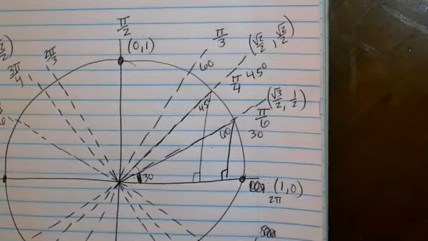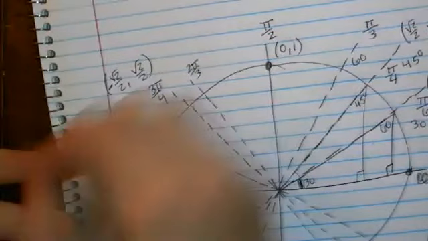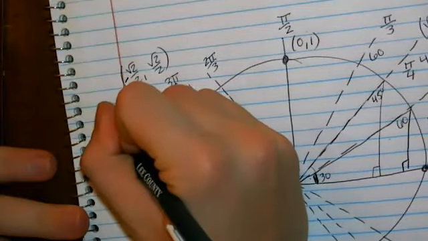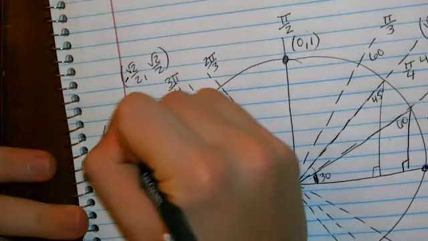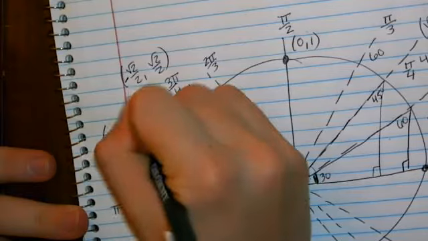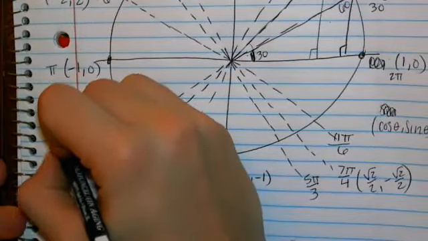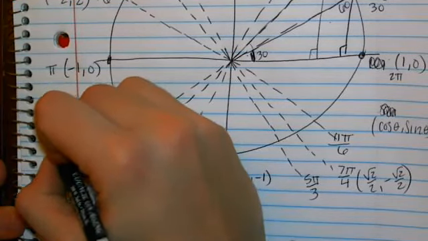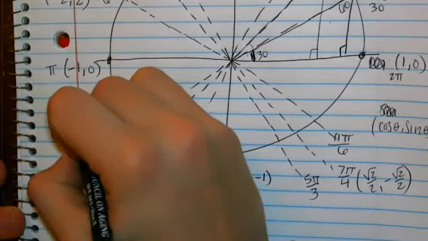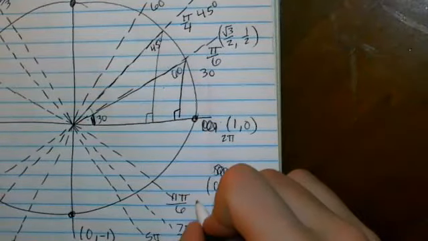Go fill that out for the pi over 6s, adding the according negatives. And last one over here.